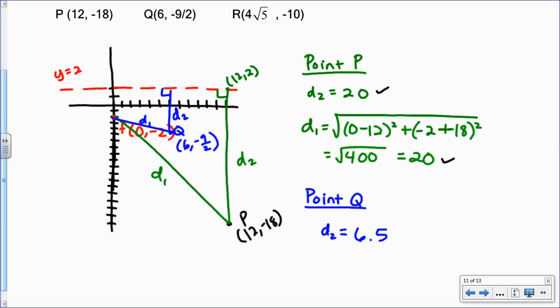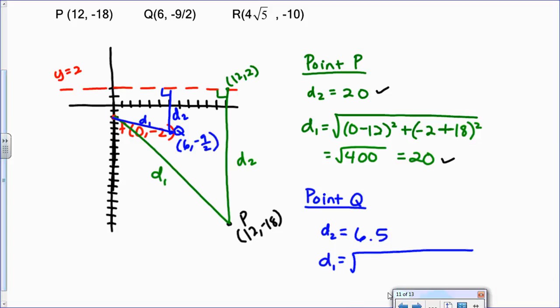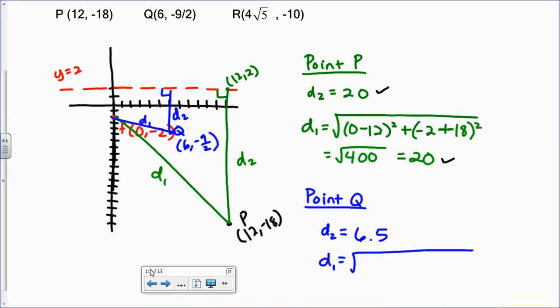Okay? And then distance 1, we'll use distance formula. I think it's easier to write -9 halves in your calculator as -4.5. Just easier to type that in. All right, but I'll do 0 minus 6 squared plus -2 minus -9 halves, which I'm going to write as -4.5. Plus, negative means you're going to add.